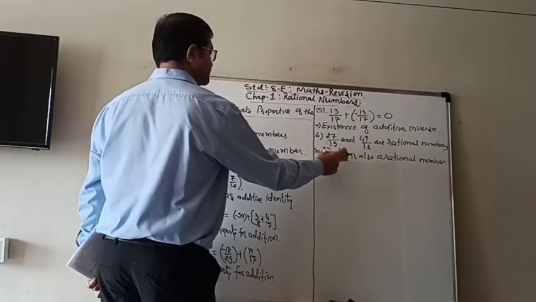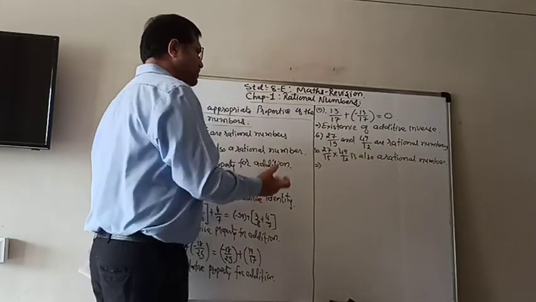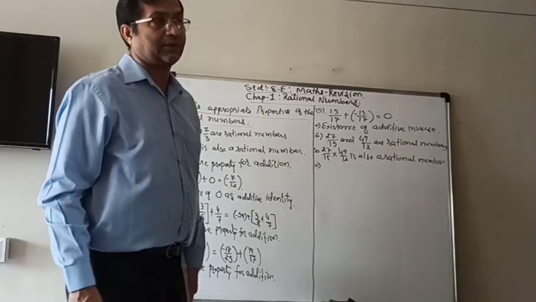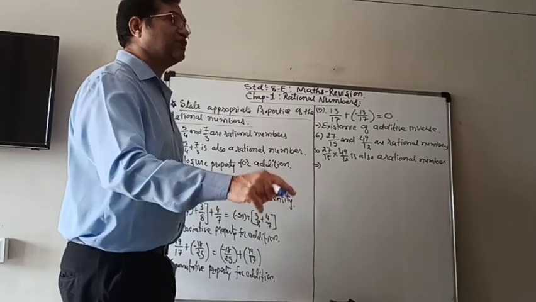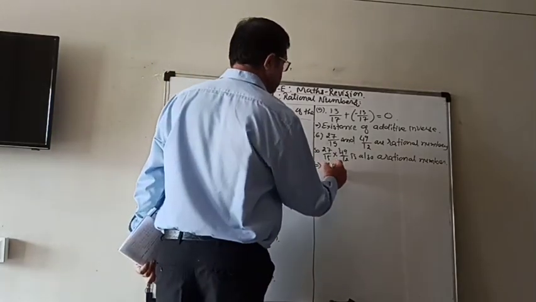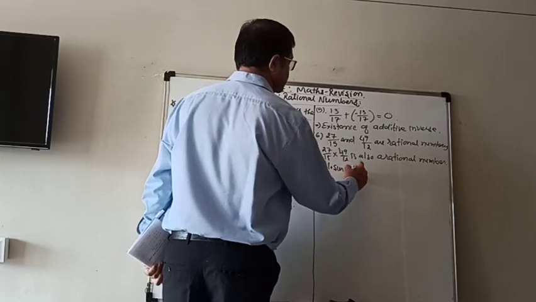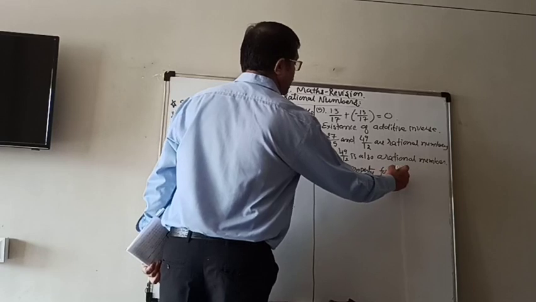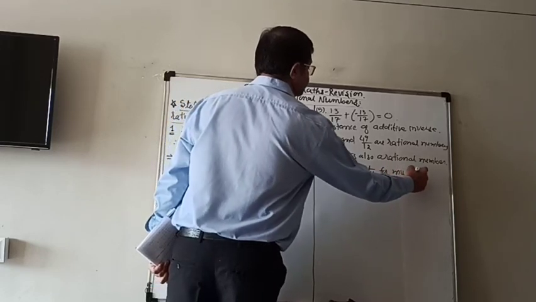So here, multiplication means the product of two rational numbers is again a rational number. That is also closure property for multiplication. So closure property for multiplication.